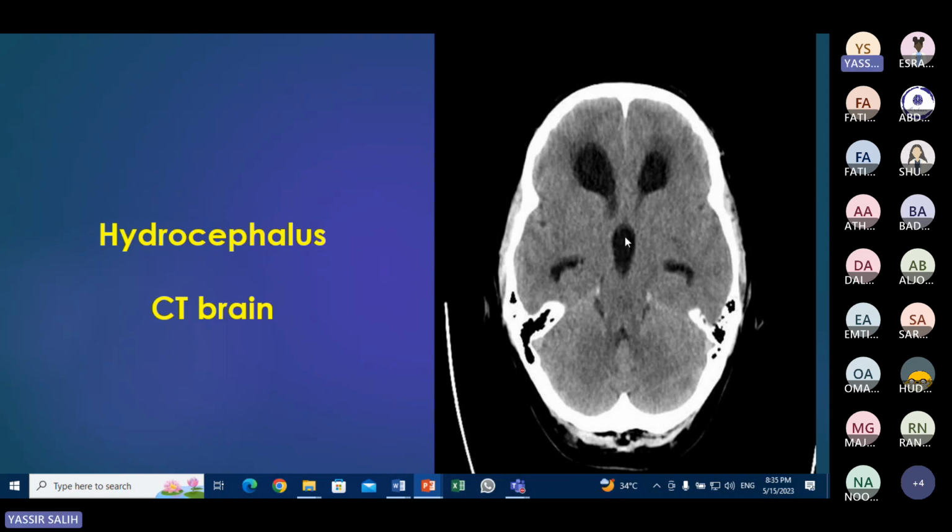What is this ventricle? Which one? In the midline. This is the third ventricle. And what is this? The temporal horns of the lateral ventricle.